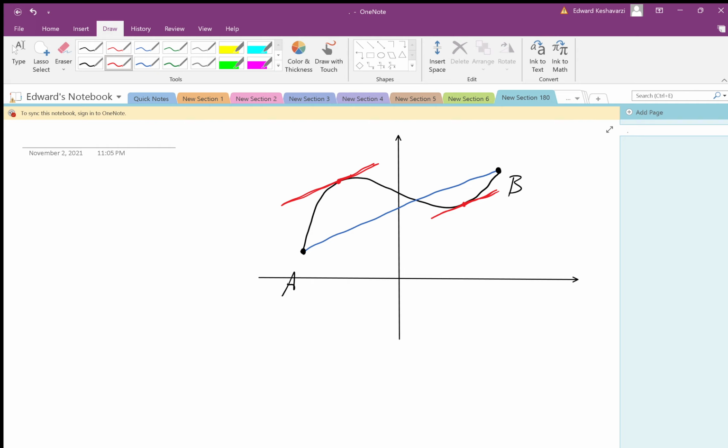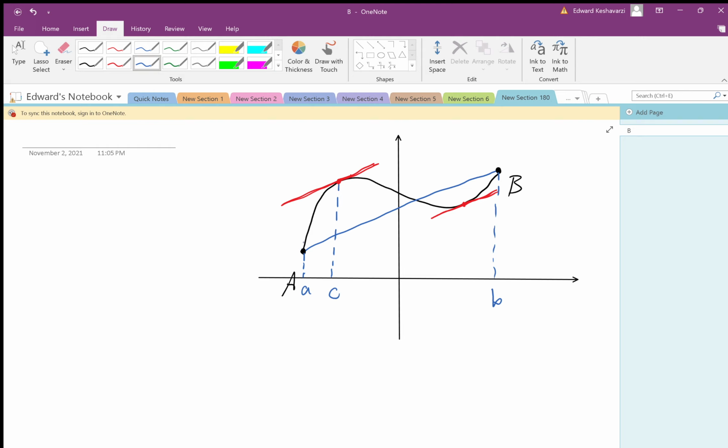So now we need to change what we said about the mean value theorem with words to math format. So assume that the x value of this point is C, the x value at A is lowercase a, and at B is b.